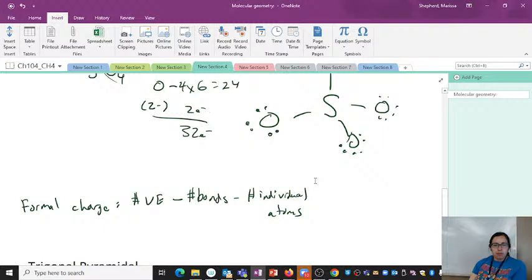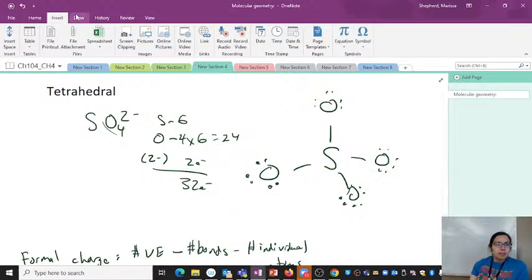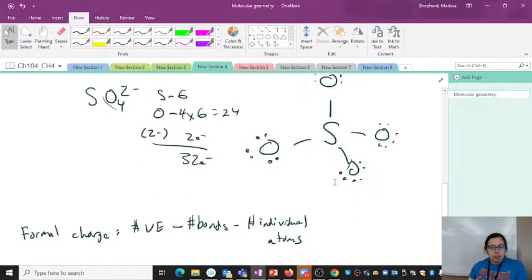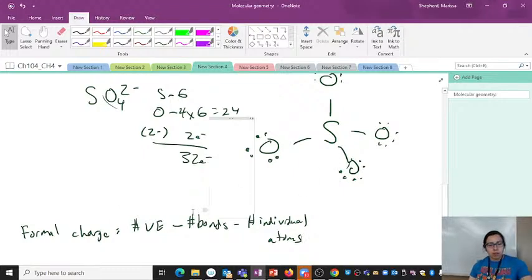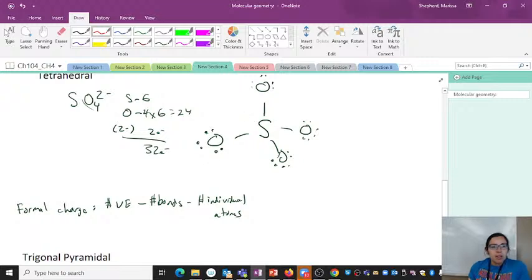And so let's go through this analysis together. So if we're looking at our oxygen here, we'll just plug it into the formula so you don't have to write it out every time. Once you get the hang of it, you can just indicate your charges. But looking at oxygen, it doesn't matter which one we do in this case, they're all the same. They all have 6 electrons on them, 1 bond. So let's go through its formal charge.